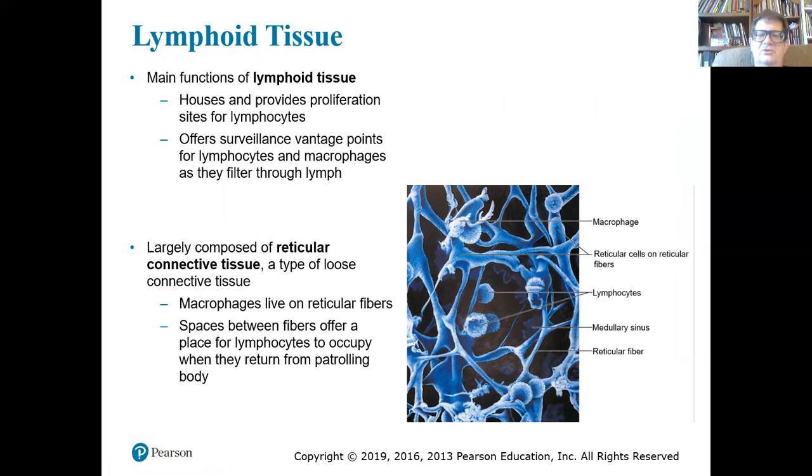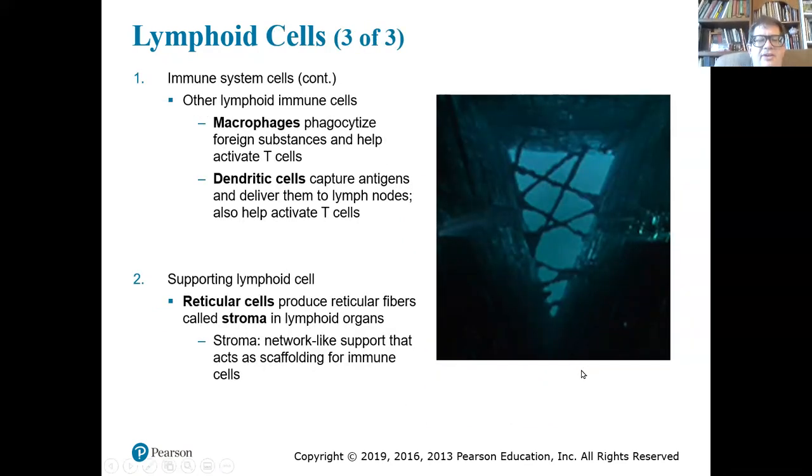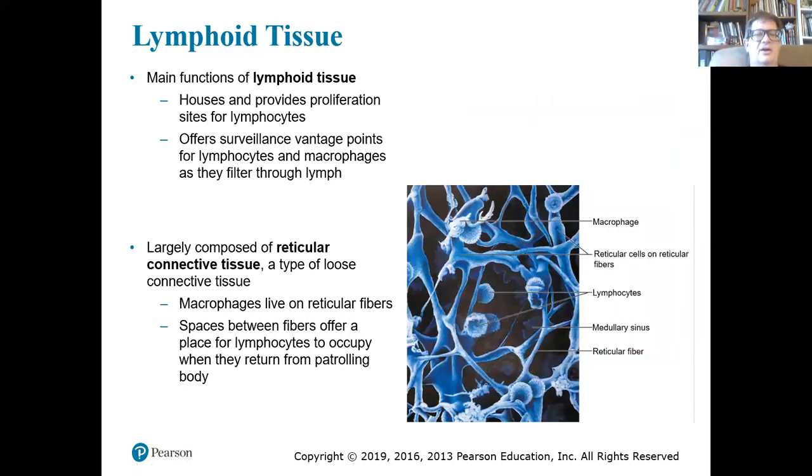So pretty cool. All right, anyway. So reticular cells make reticular fibers, and they cross this space called the stroma. The stroma is network-like scaffolding where we attach immune cells.